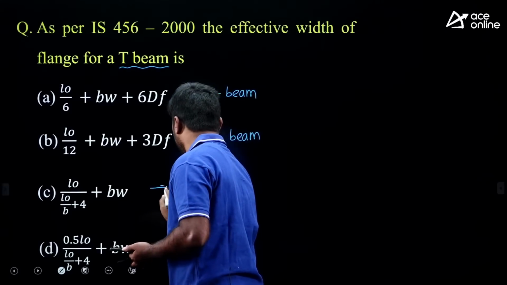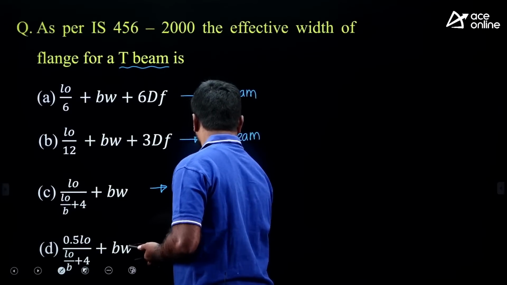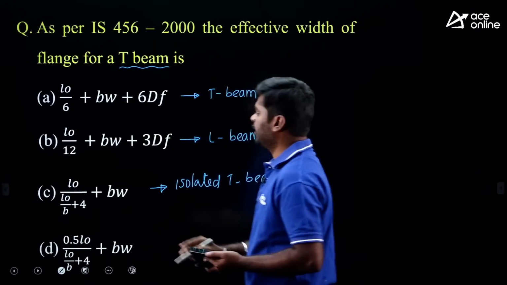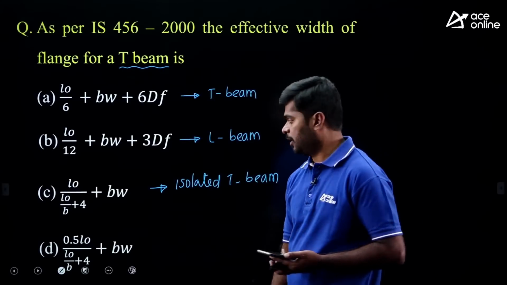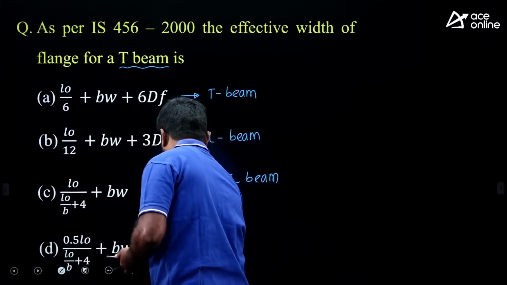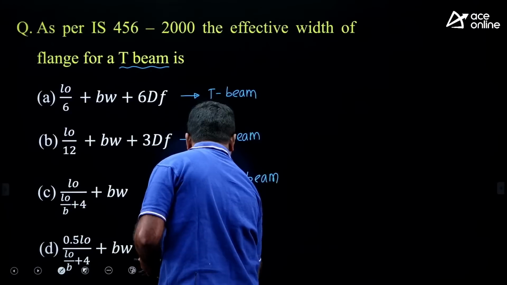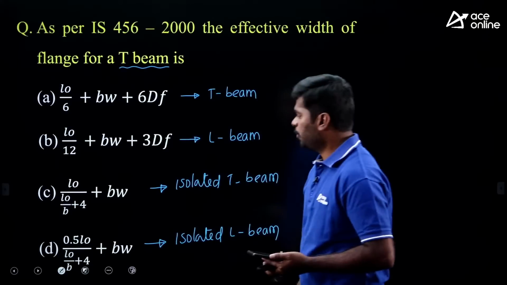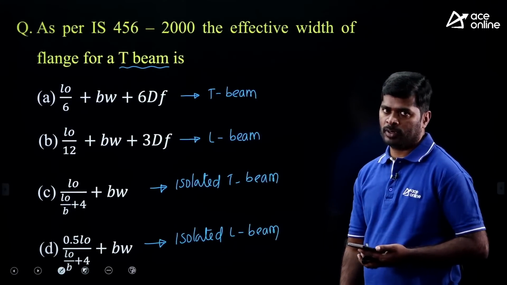And for an isolated T-beam, the effective width of flange formula is L0/(b/l0 + 4) + bw. For an isolated L-beam, it is an empirical formula recommended by the IS code: 0.5 L0/(b/l0 + 4) + bw, right.